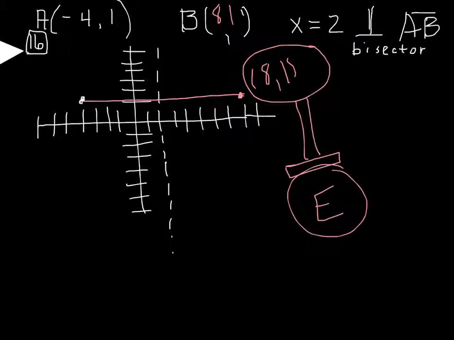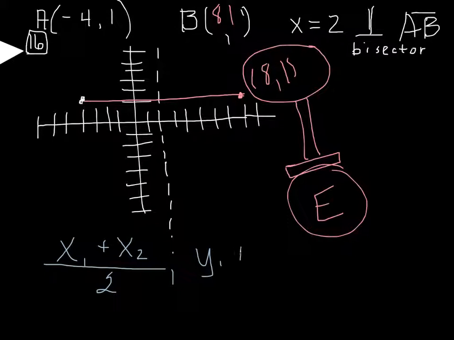And the formula, just so you know, is (x sub 1 plus x sub 2) over 2, comma, (y sub 1 plus y sub 2) over 2. That's how you read those at the bottom. So if you're getting a bisector, the midpoint of a line, that's what the bisector does.